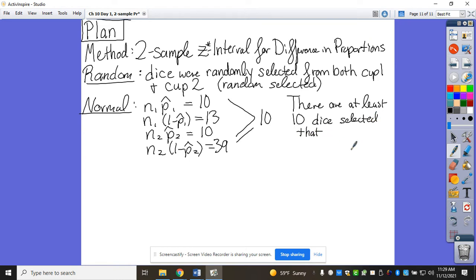So dice selected is giving me like sample instead. And then so here, what would I define as my success? What would I define as population 1?